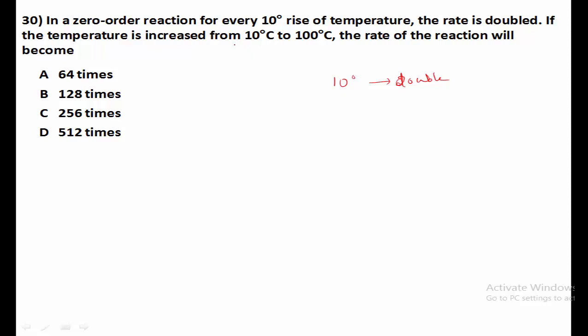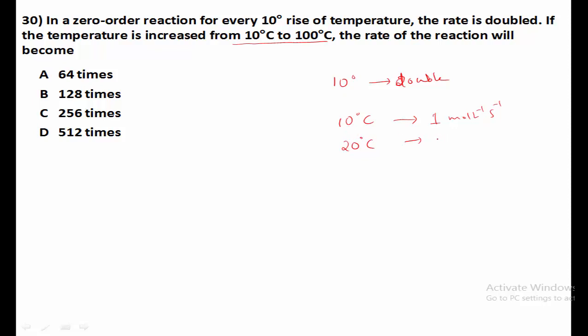So they have increased the temperature from 10 degrees Celsius to 100 degrees Celsius. Initially the temperature is 10 degrees Celsius. At that, the rate is 1 mole per liter per second. Now I increase it by 10 degrees Celsius, so the rate of reaction doubles.